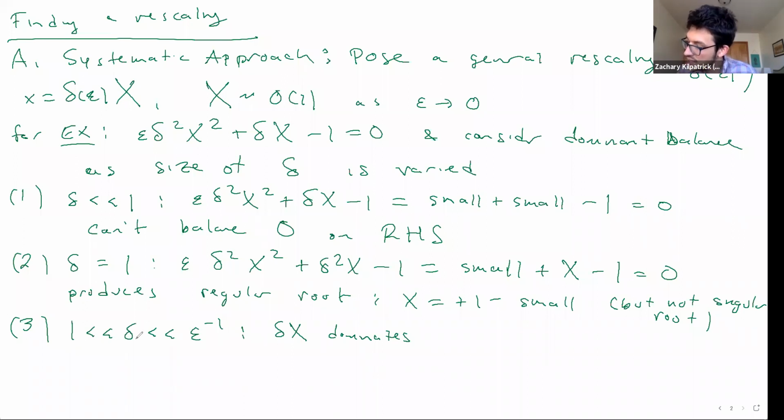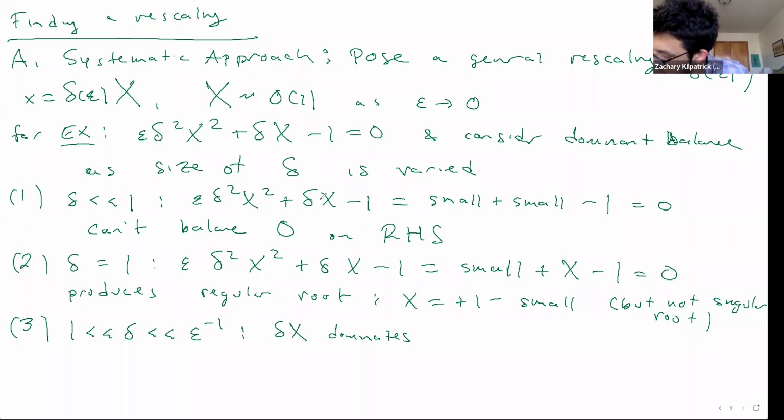If we take delta to be between 1 and epsilon to the minus 1, delta x is going to dominate, because this term is going to be smaller than this term. Another typo, sorry about that. I don't know where I'm getting all these extra squareds.